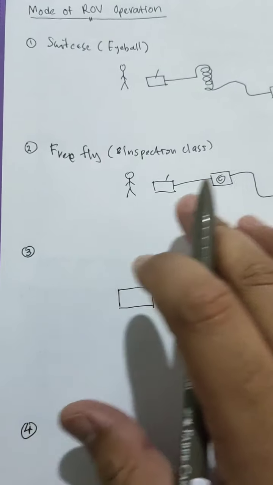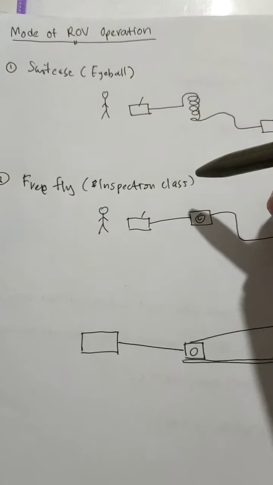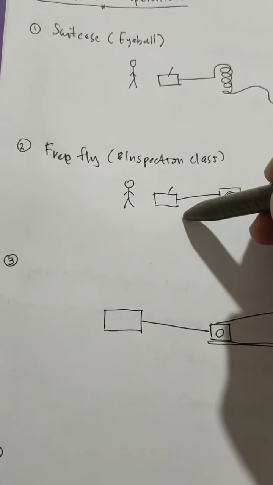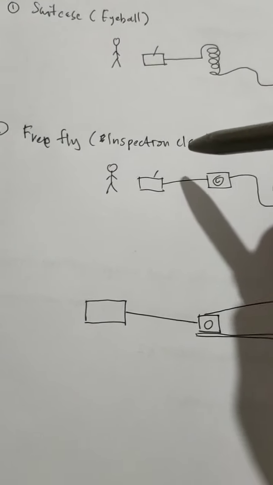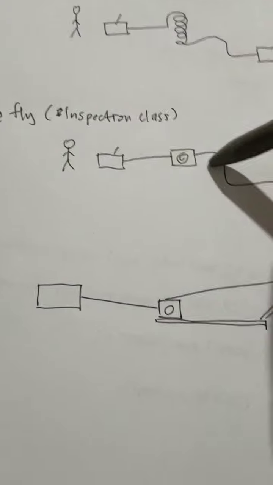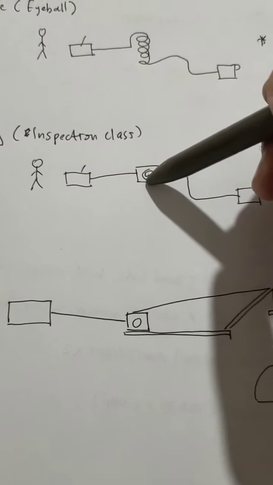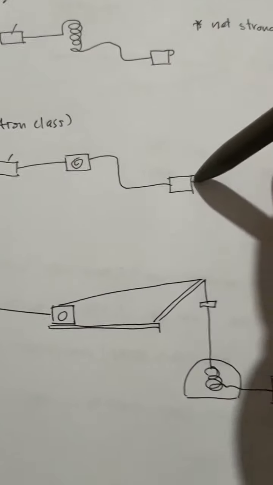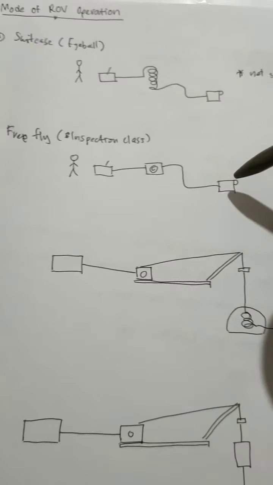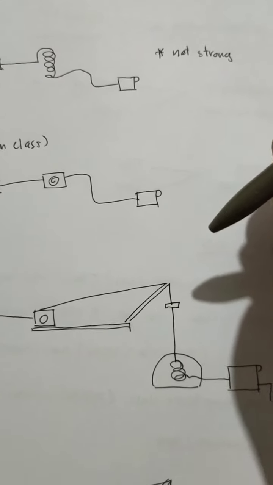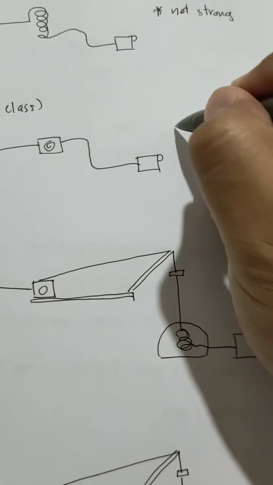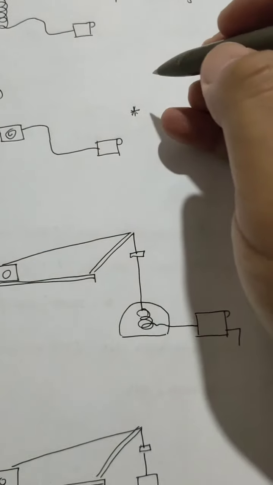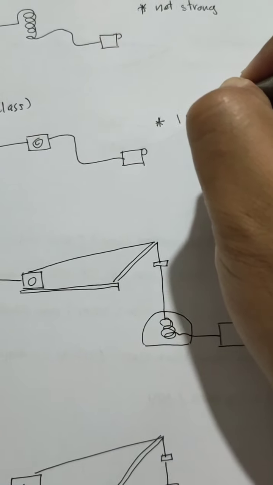In the free fly mode of ROV operation, we can control the ROV from the topside, and it has an umbilical winch attached directly to the ROV. The characteristic of this free fly mode is that it can travel quite far, around 1 kilometer.